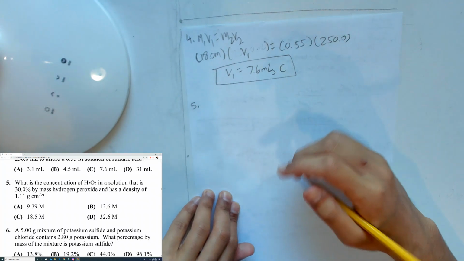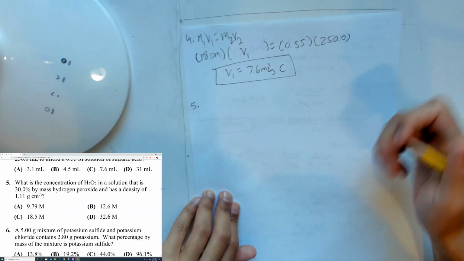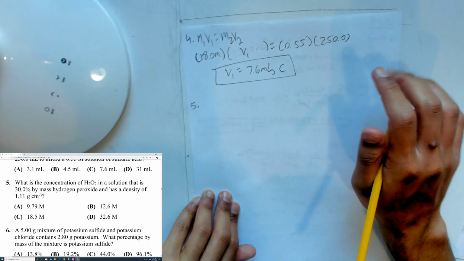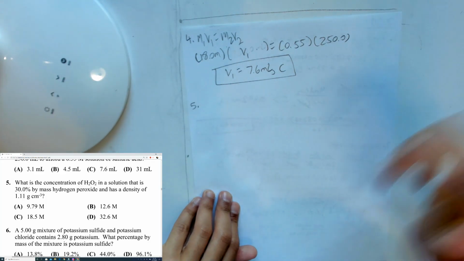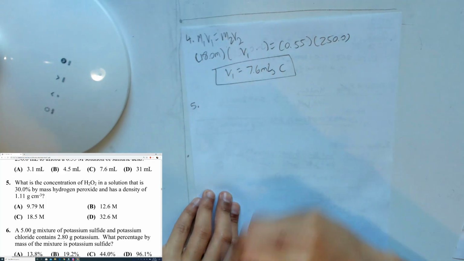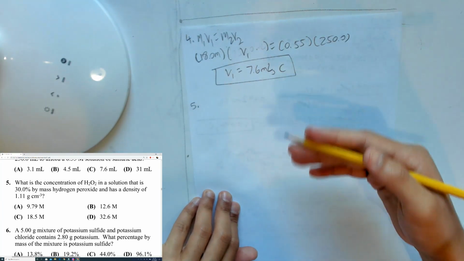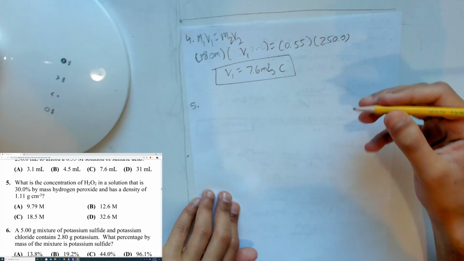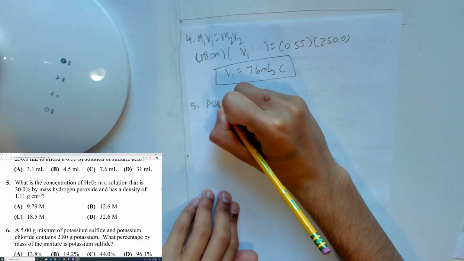We're going to ask, what is the concentration of hydrogen peroxide in a solution that is 30% by mass hydrogen peroxide and has a density of 1.1 grams per milliliter, or cubic centimeter? For this type of problem, we're going to assume that we have a 1 liter solution, so it's easier to find the concentration of hydrogen peroxide.